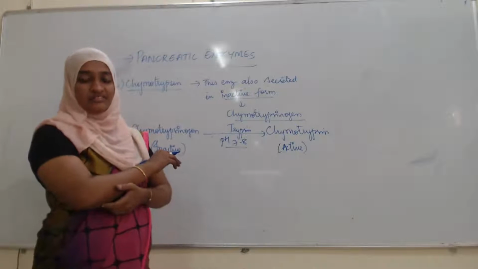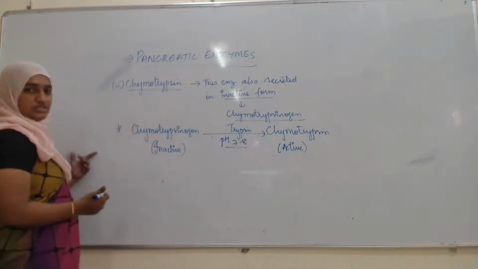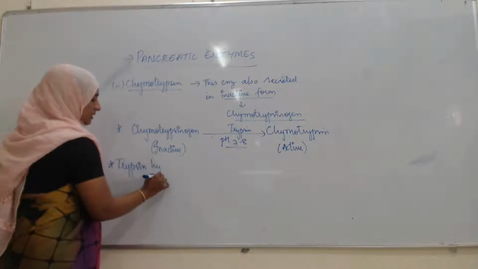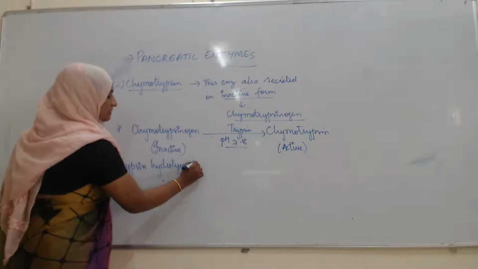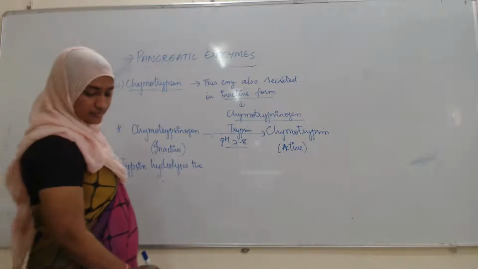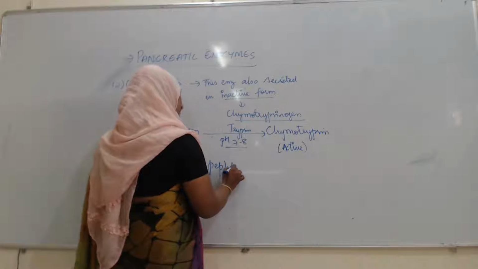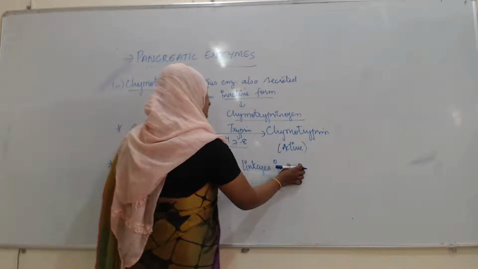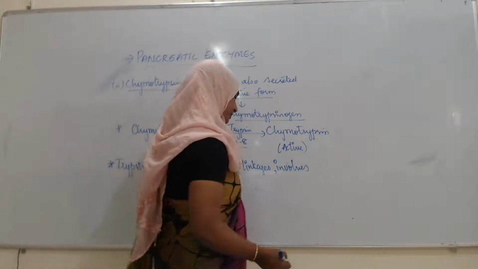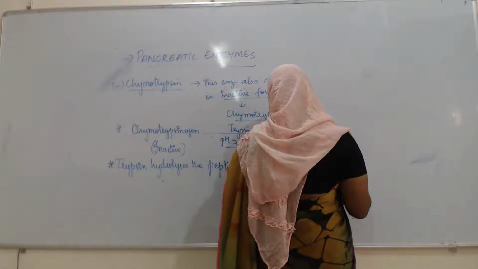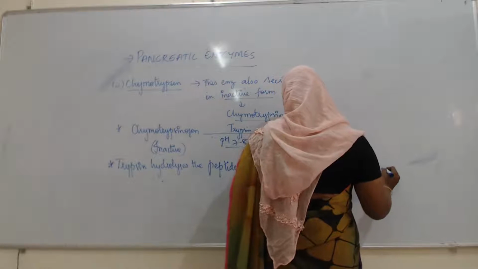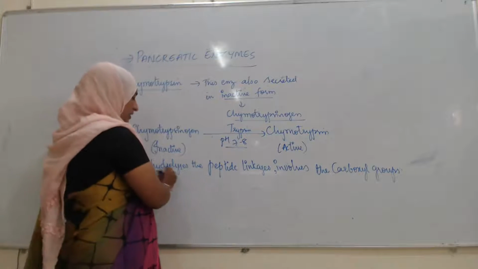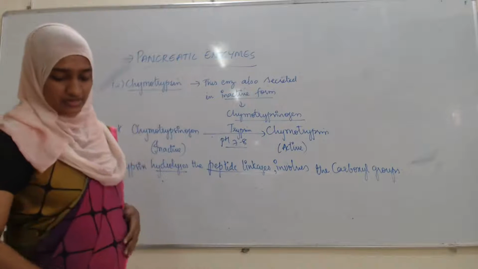Next point about trypsin: trypsin hydrolyzes peptide linkages, and these peptide linkages involve the carboxyl groups of amino acids. And what are those amino acids? Arginine and lysine.